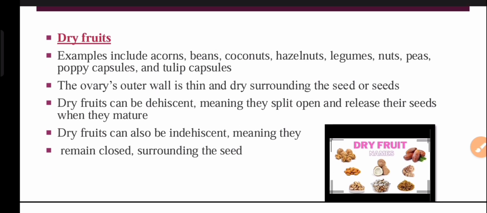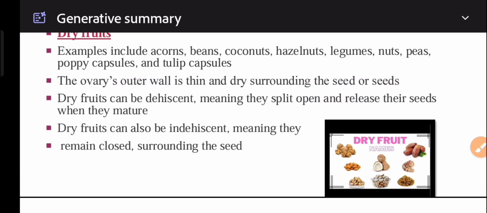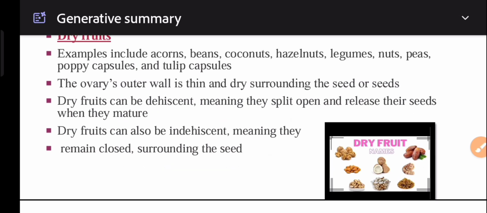Coming to the dry fruits. You all know about dry fruits. The pericarp is very dry. The outer ovary wall is very thin and surrounds the seed or seeds, and dry fruits can be dehiscent, meaning they split open and release the seeds when they mature.